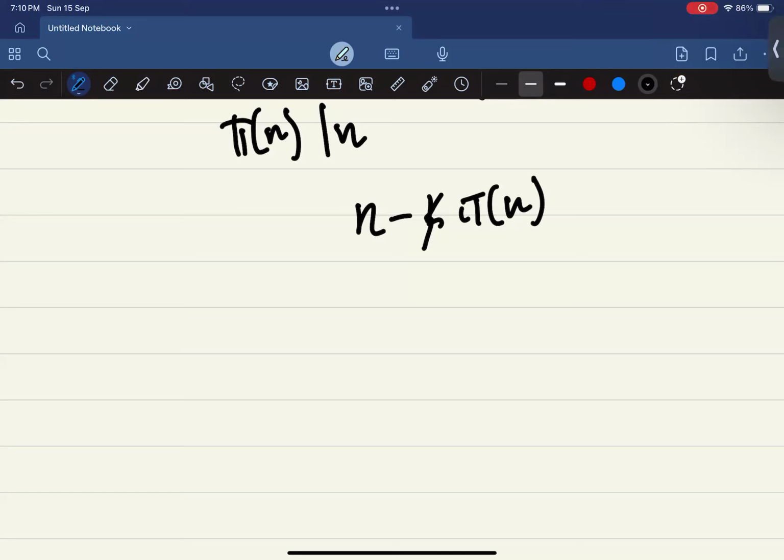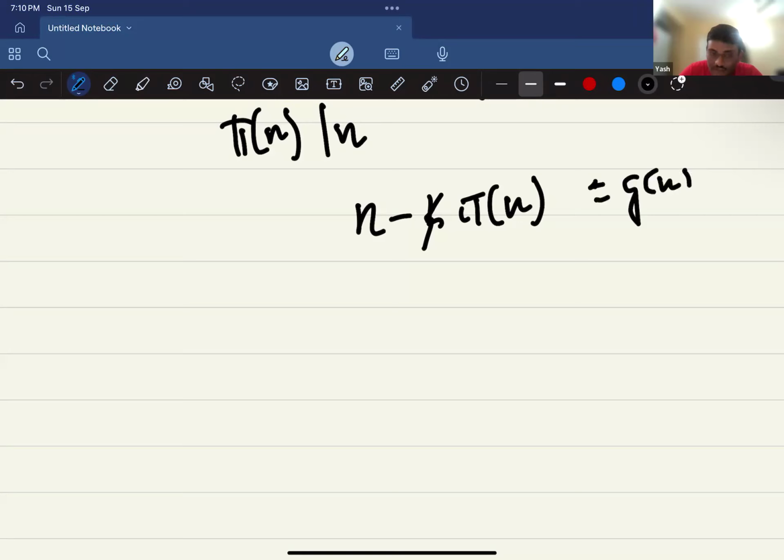What exactly do you mean by increment? Say if this function is g(n), then I'm asking you to compute g(n+1) minus g(n).